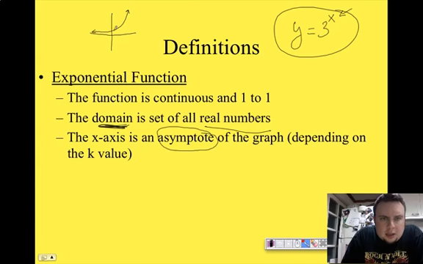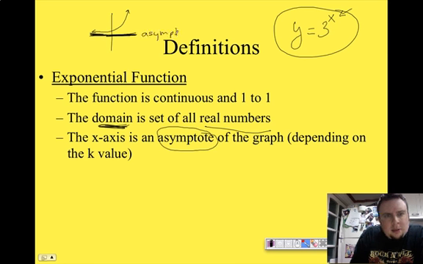See how that is curved, and it's going to go down, down, down, almost touch the x-axis, but it'll never touch. It'll just keep getting closer and closer to the x-axis, but never touch. That means that this x-axis is called the asymptote. A line that the graph will get closer and closer to, but never touch.